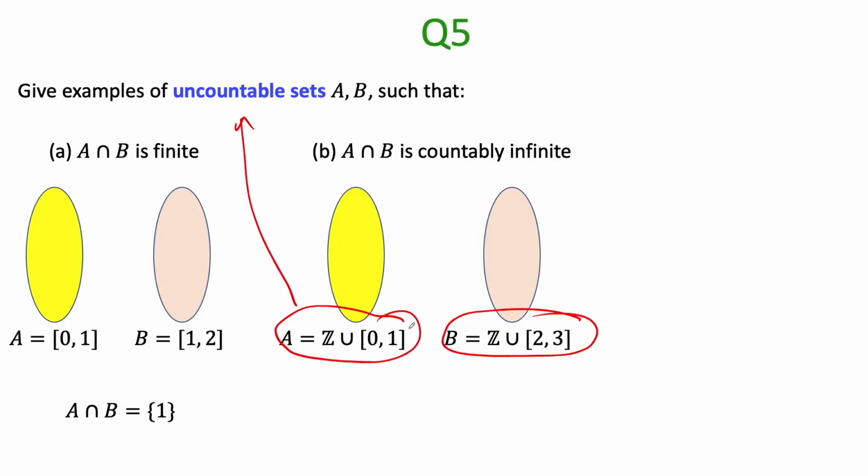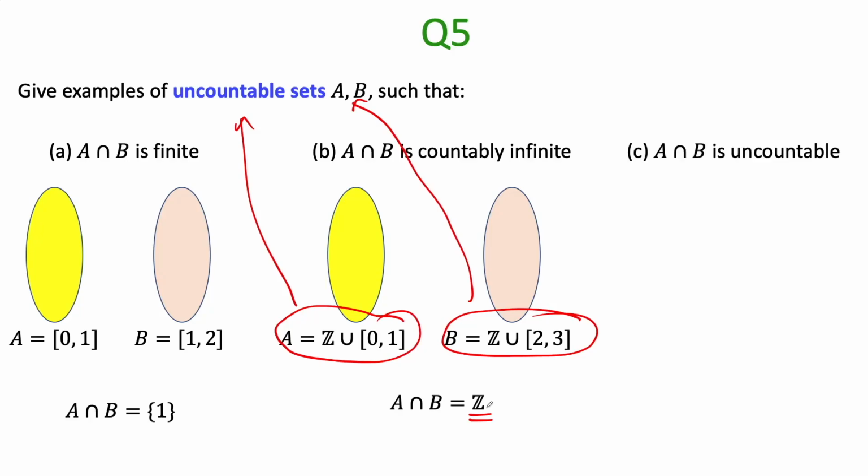That's why the overall set A becomes uncountable, and similarly the overall set B also becomes uncountable. Now what can you say about their intersection? Their intersection is nothing but the set of all integers, and we know that the set of integers is countable because its cardinality is Aleph null.